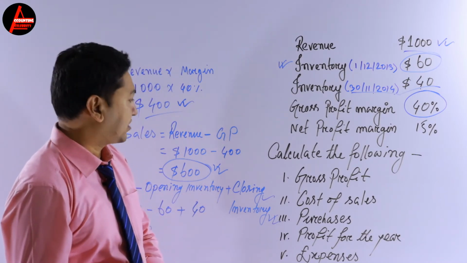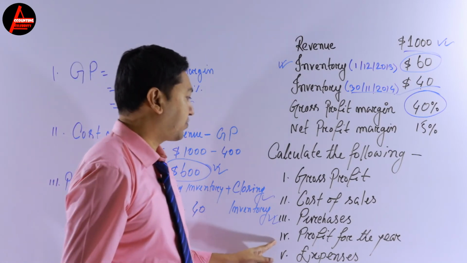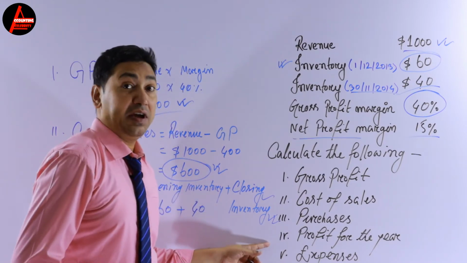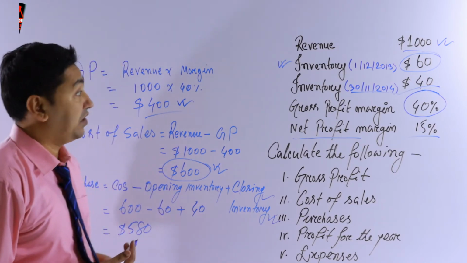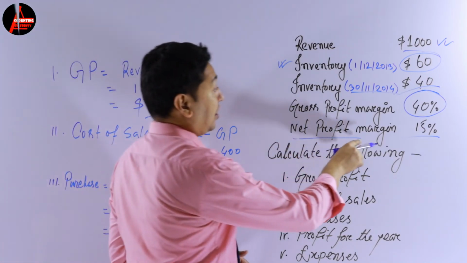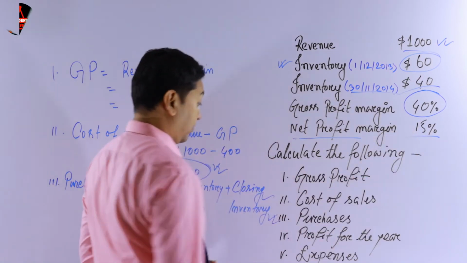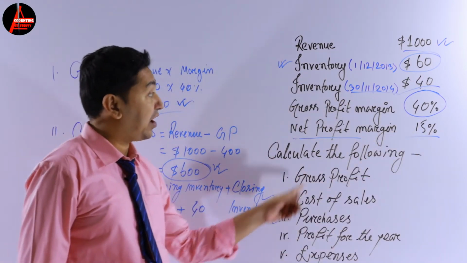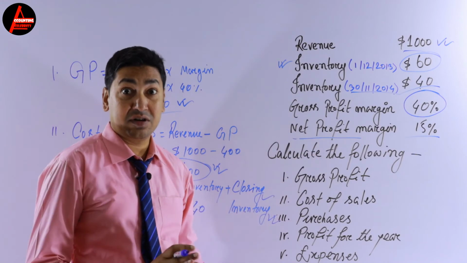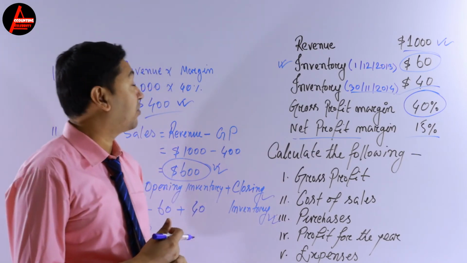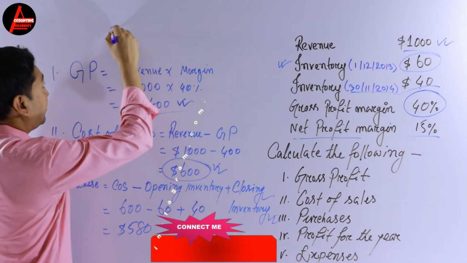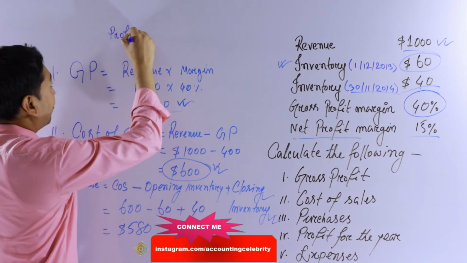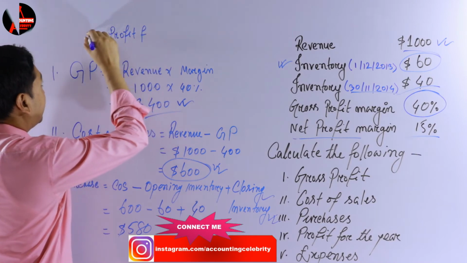Okay, so what is next? Number 4 is profit for the year. Okay, so how to calculate profit for the year? So a net profit margin is given here, okay, 15%. By the way, profit for the year and net profit, these two terms are the same, okay, never be confused. So we can write here profit for the year, this is number 4.